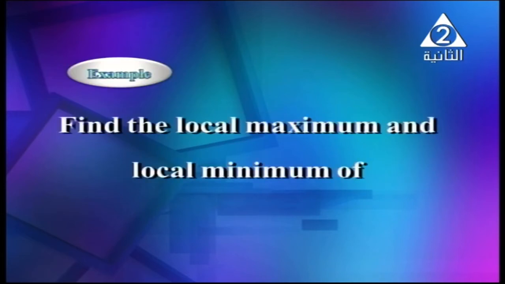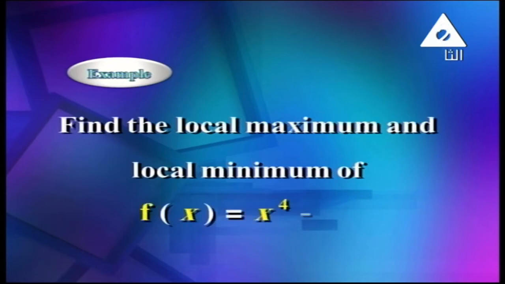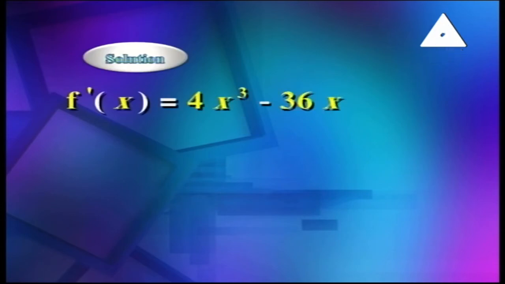Example. Find the local maximum and local minimum of f of x equals x power 4 minus 12 x power 2. Solution. At first, my dear student, we find f dash of x and find f dash of x equals 0.